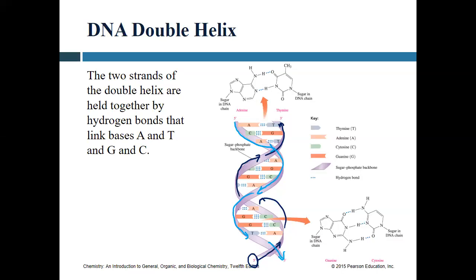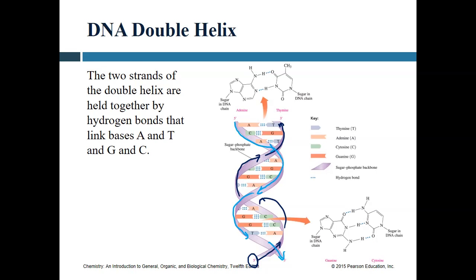Where does the helix come in? Well, just like what we saw with proteins, the backbone, that sugar phosphate backbone, is going to be able to do some attracting to itself and cause those twists to take place.